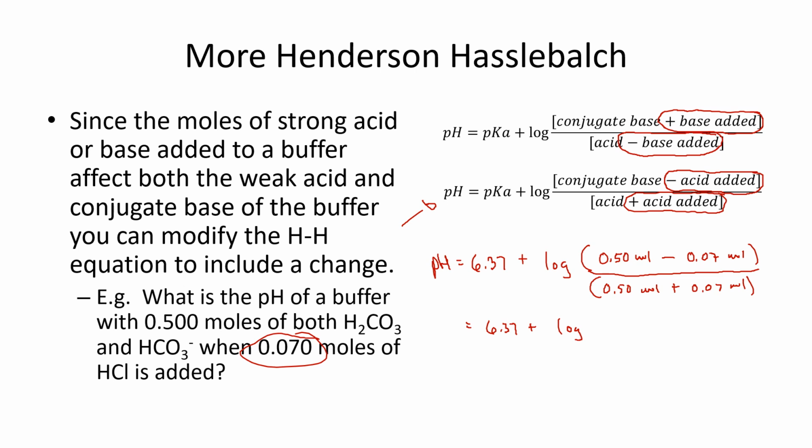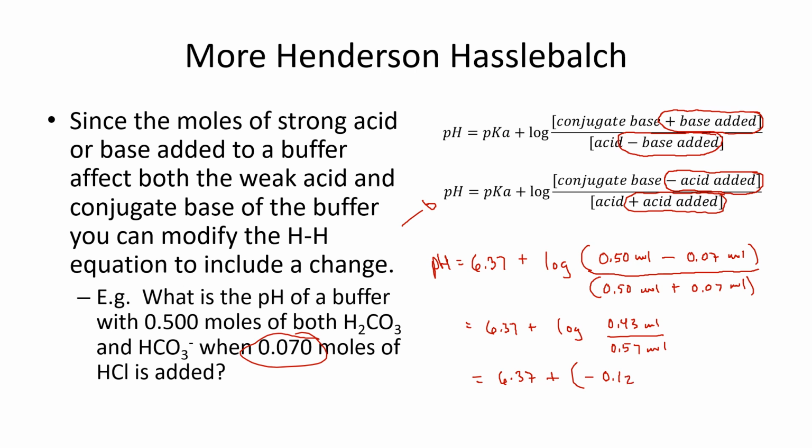I'll take away 0.07, so that's 0.43 moles on the top. And on the bottom here we've got 0.57 moles. And then we'll put that in my calculator. So we end up with the 6.37, and then we're going to add the log of that fraction, which turned out to be negative 0.12.